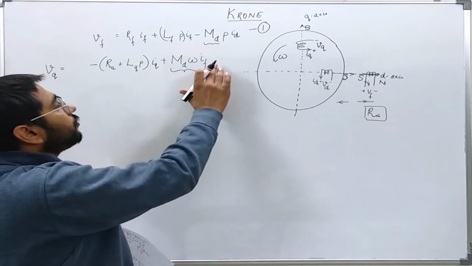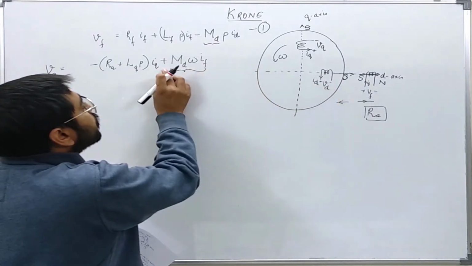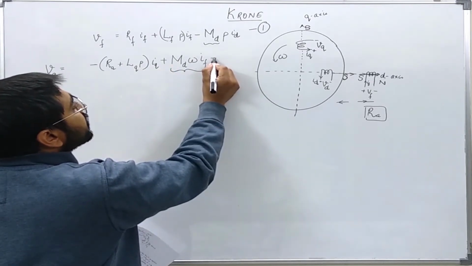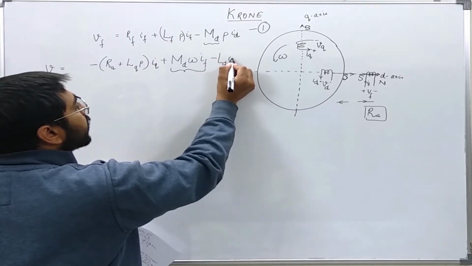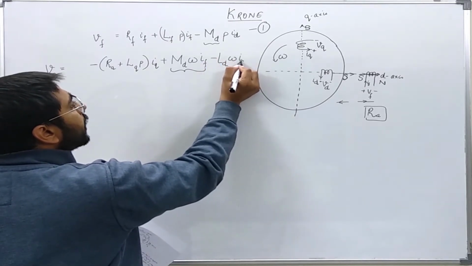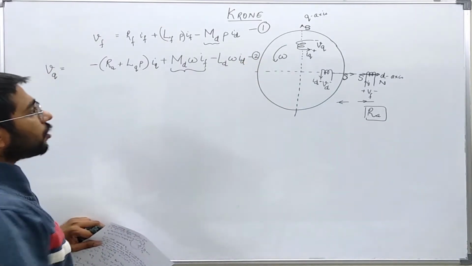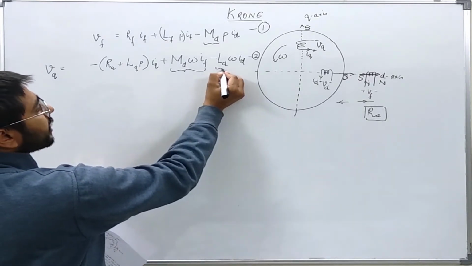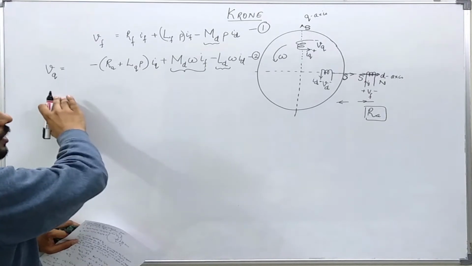So the sign of the motional EMF because of this current will be opposite to this sign. So I will write a minus sign here, and it is LD omega ID. So this is equation 2. Now again you can notice here that this inductance coefficient will be the same which I will use in writing the equation for VD.